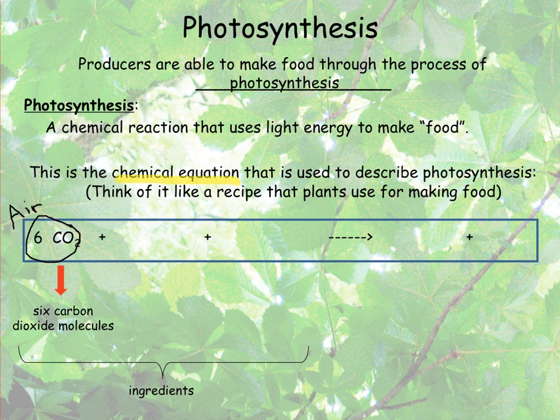In addition to the 6 carbon dioxide molecules, the plant also needs 6 H2O, or in words, 6 water molecules. The plant gets these water molecules by absorbing them from the soil through the roots.